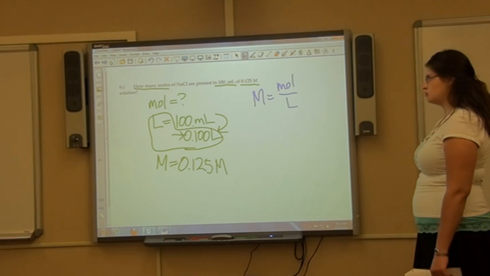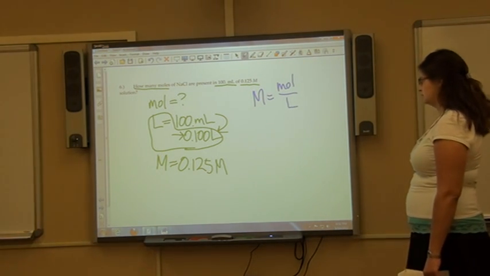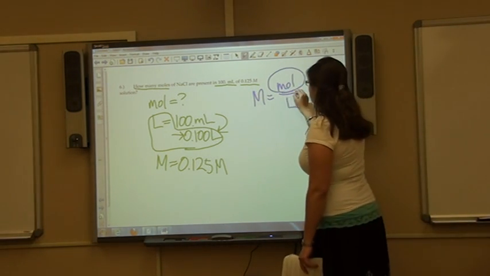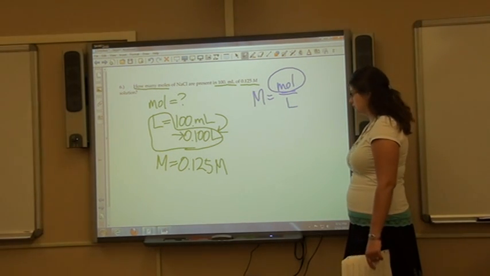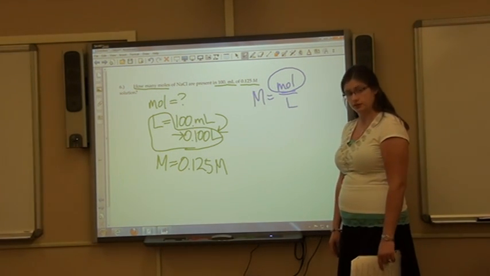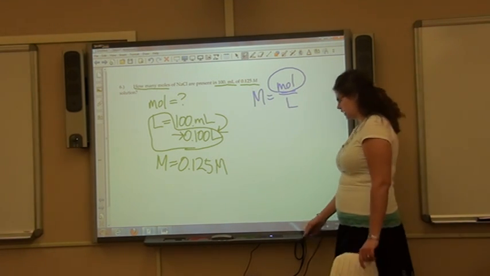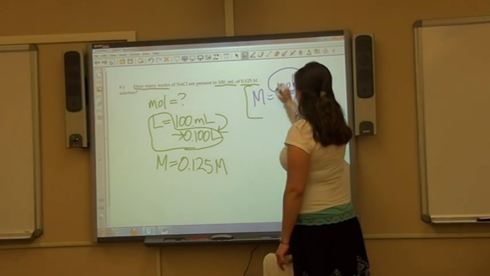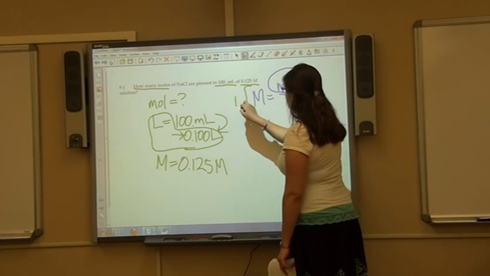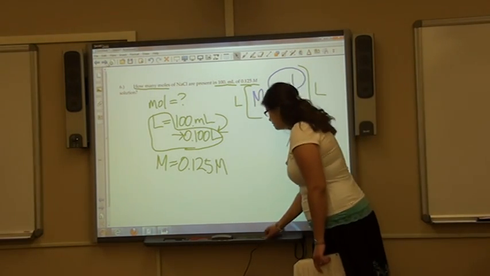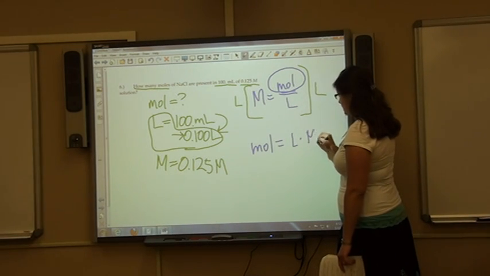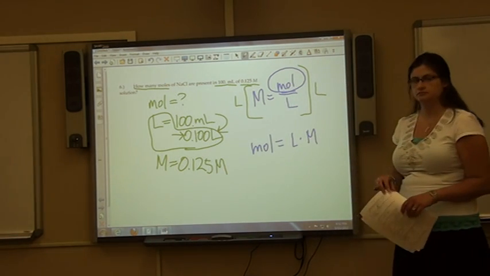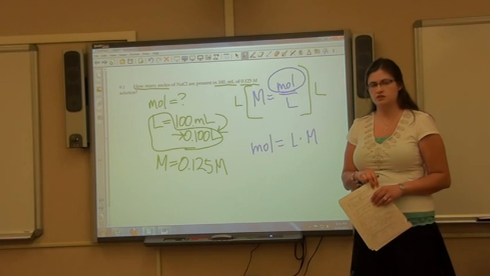Okay, this time our question mark is not big M, it's mole. So now we need to get that L on the other side. How do you undo division? You multiply. So we're going to multiply L by both sides of the equation. That'll give us moles equals L times M. Oh, Michelle, that's weird.